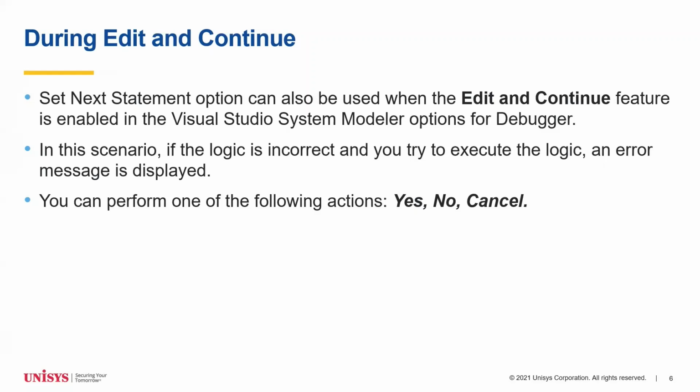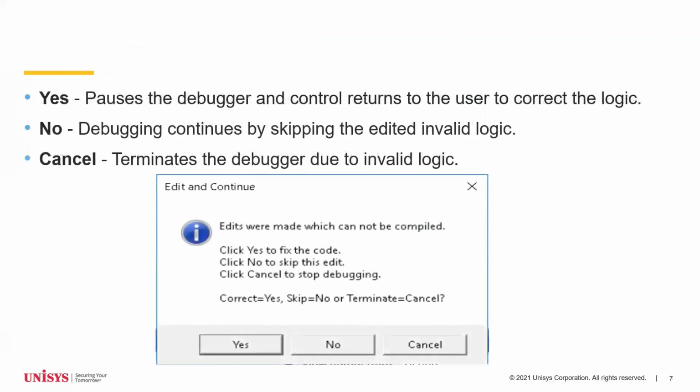You can perform one of the following actions by pressing yes, no, or cancel. Yes means pause the debugger and the control returns to the user to correct the logic. No means debugging can continue by skipping the edited invalid logic. Cancel means terminate the debugger due to invalid logic.